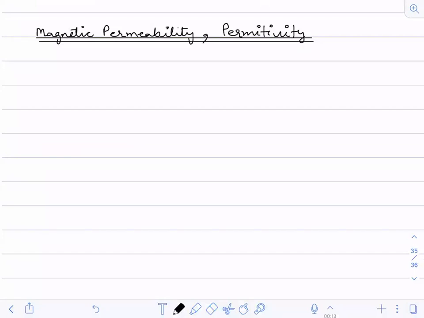I want to ask all of you one question. In class 11th, in the gravitation chapter, you wrote the gravitational force as m1 m2 by r square, and then you introduced a constant G. Do you remember? Was this G changing with the medium or was it constant?